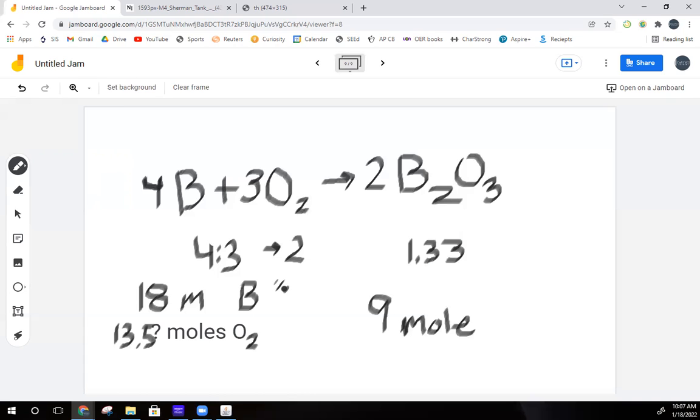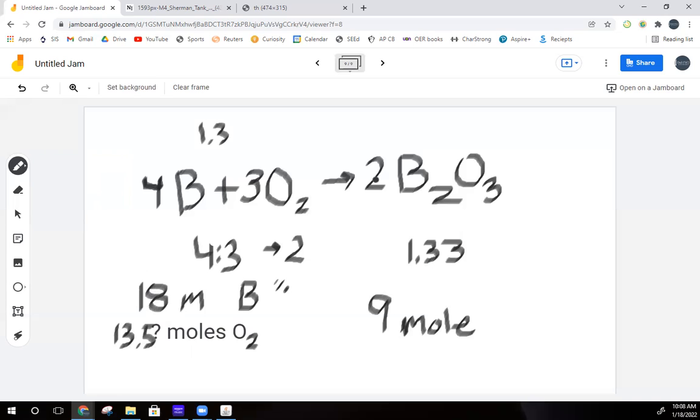So 4 divided by 3. Messing up. 4 divided by 3 gives us a ratio of 1.3. 1.3 ratio factor. So what we need to do is we divide 18 moles by 1.3 to give us that.